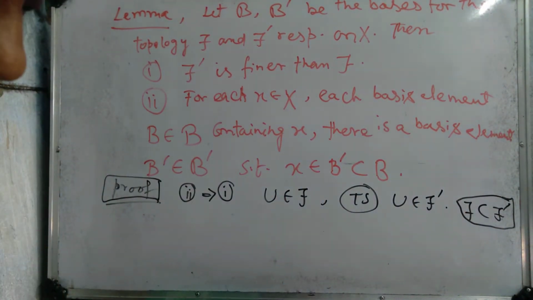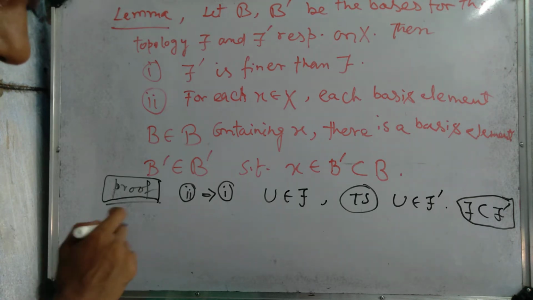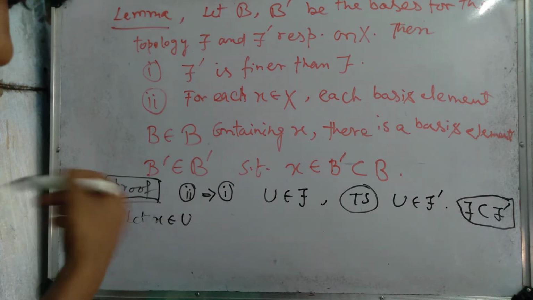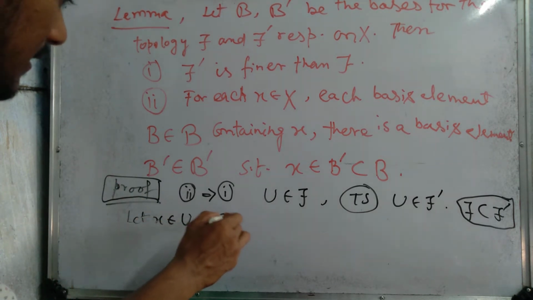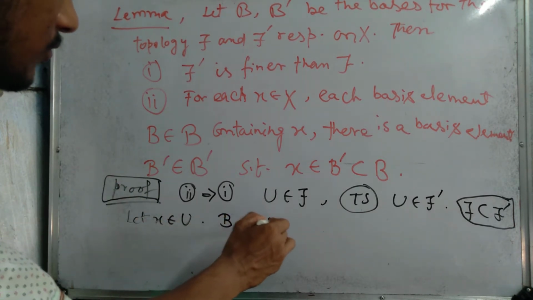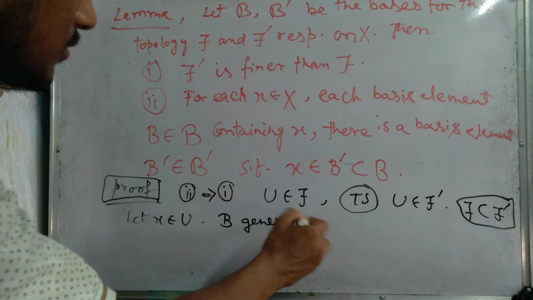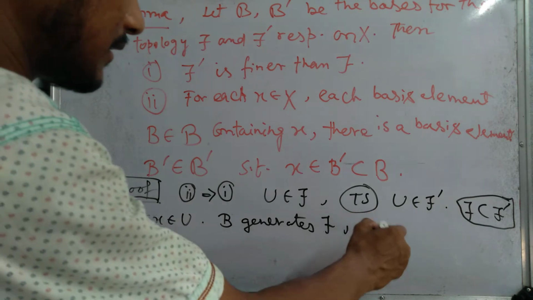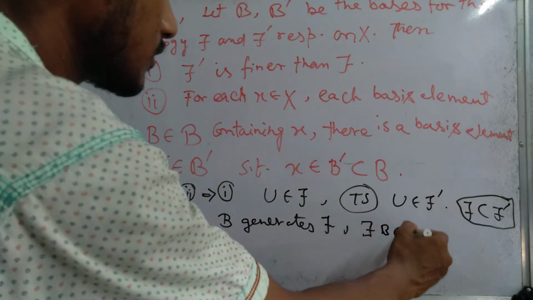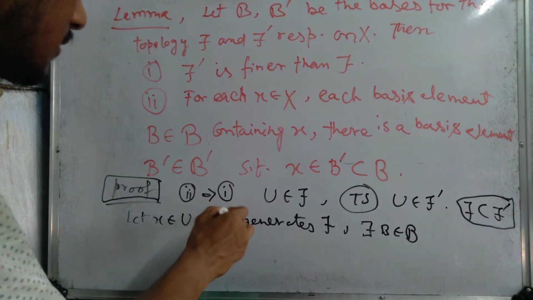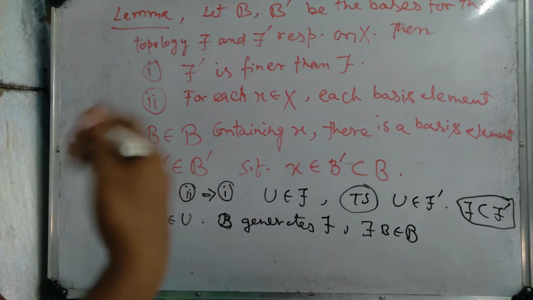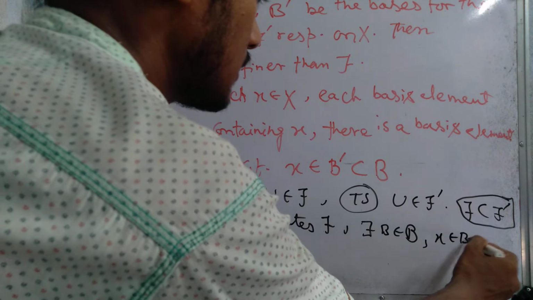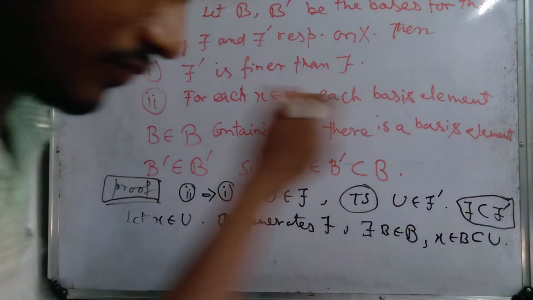Now let x belong to U. Then since B generates tau, there is a b belonging to script B such that x belongs to b, a subset of U.